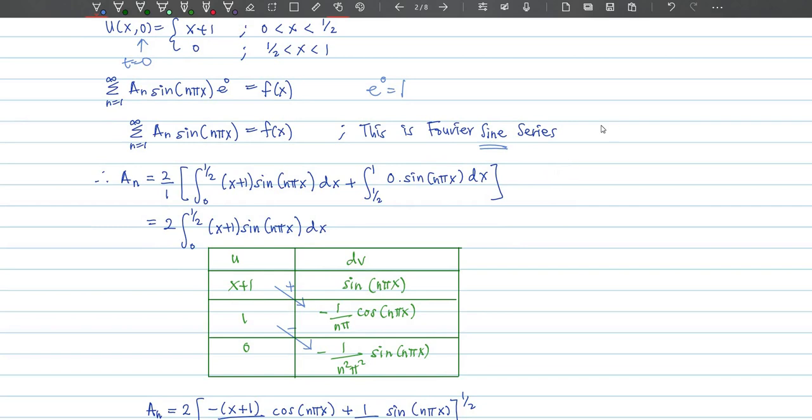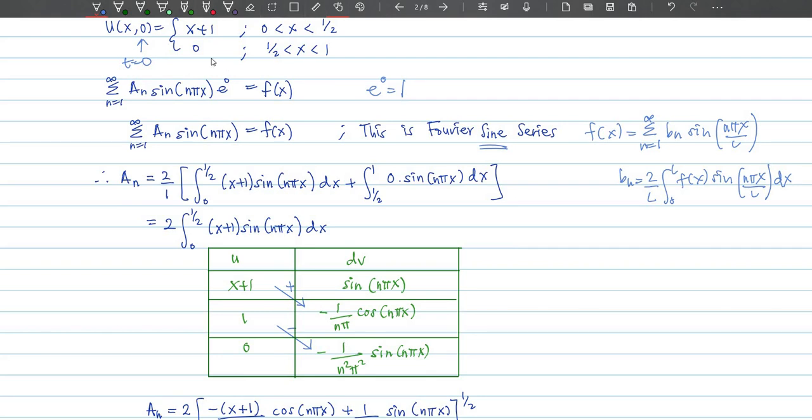Remember, for the Fourier sine series, we have f(x) equal to the summation n from 1 to infinity b_n sin(nπx/L), where b_n is equal to 2 over L, integrate 0 to L, f(x) sin(nπx/L) with respect to x. So we did the same here: 2 over 1 because L is equal to 1.